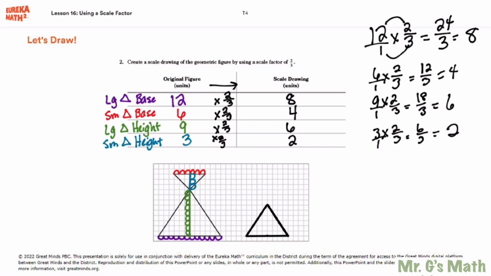Okay. Now the next triangle. You can see the other triangle is upside down, so I'm going to need to do my height first. The height of the small triangle is only 2. Starting at the peak of this triangle, I'm going to count 2. 1, 2.